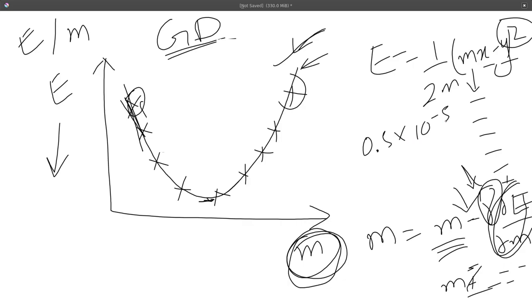Since this is a very small value, we keep taking small steps, and as you can see, it's going to take a very long time, and it becomes computationally unfeasible to move this slowly, right?